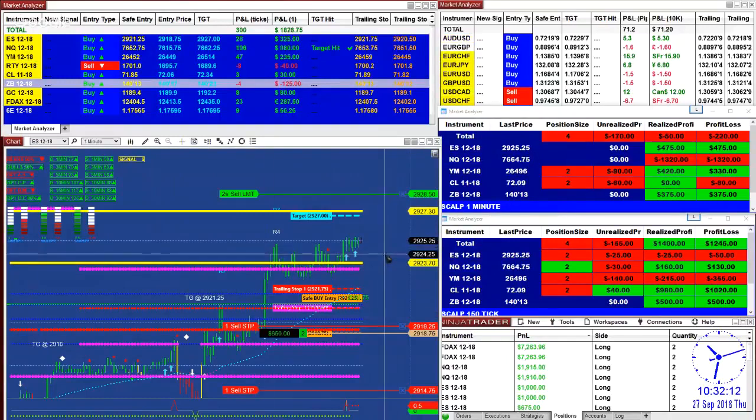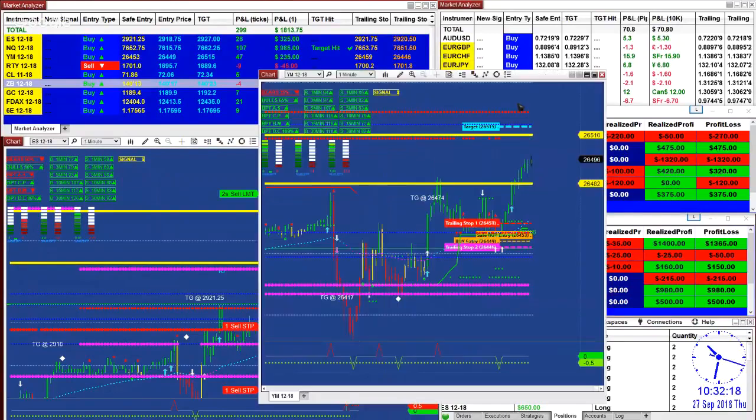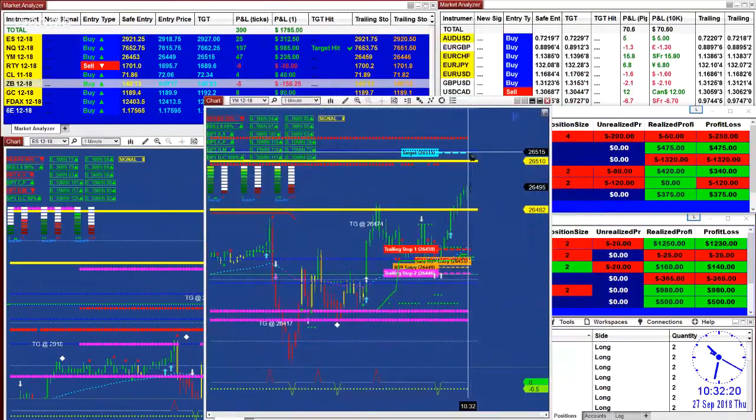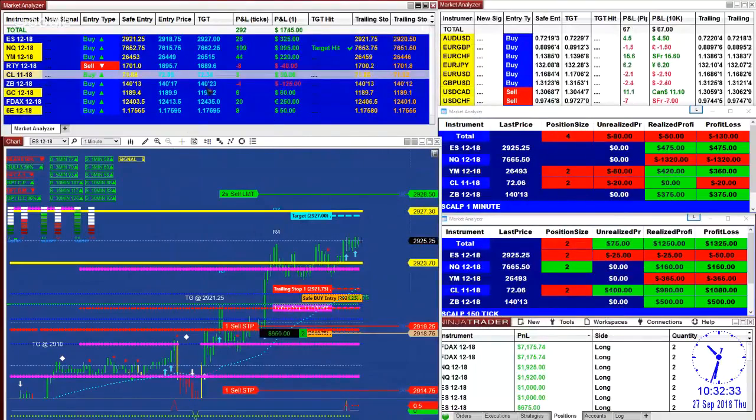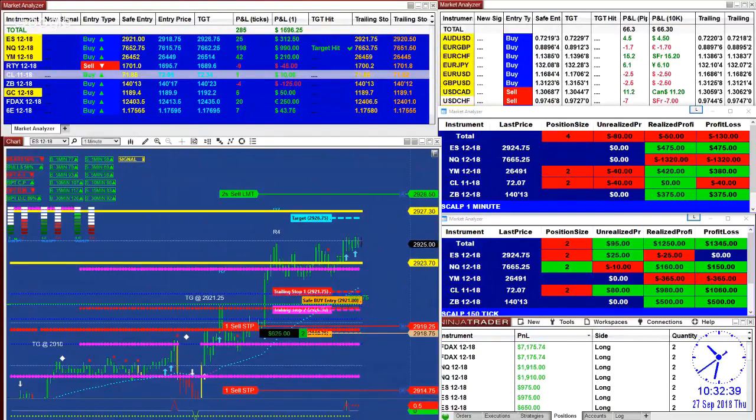ES, too late to enter an ES. ES, YM, there is a potential reversal on the YM, but this is it. There is not much. So the scalpers are struggling today.